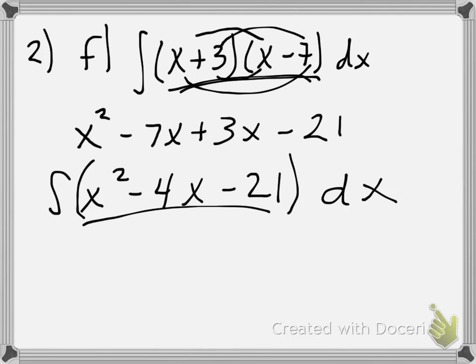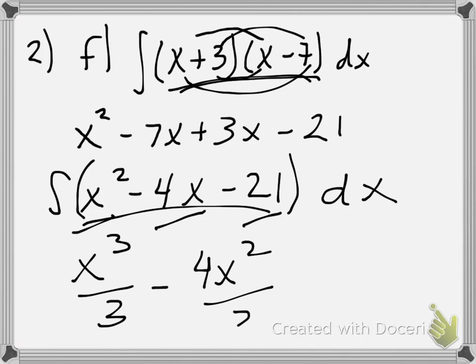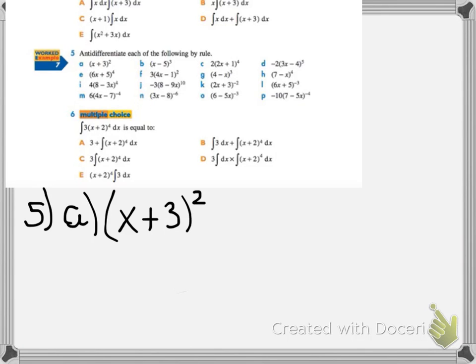We just take the antiderivative of each piece and add them together. So it'd be x to the 3 over 3 minus 4x to the 2 over 2 minus 21x, which is very similar to the one we just did. But we get x to the 3 over 3 minus 2x squared minus 21x.